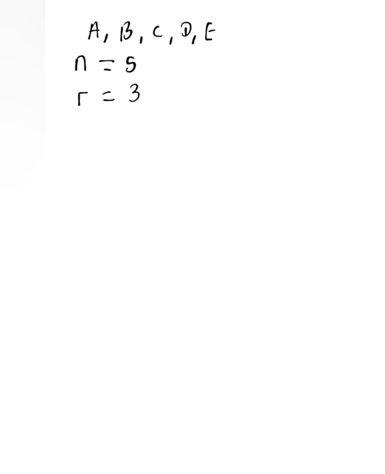How do we know if this problem is a combination problem or a permutation problem? We observe that we are asked to find how many committees are possible. Now let's take A, B, and C for example to form a committee. Let's assume that A is Abel, B is Bethel, and C is Cynthia.